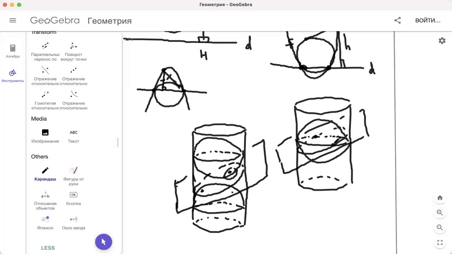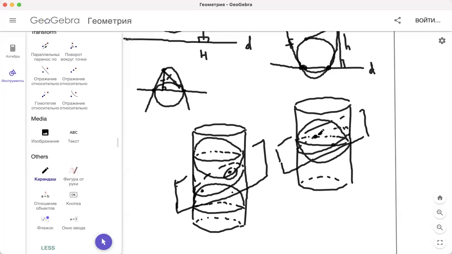We have a circle containing the tangency points of the sphere and the cylinder, and we obtain intersection points of this circle of tangency points and this conic, this section.